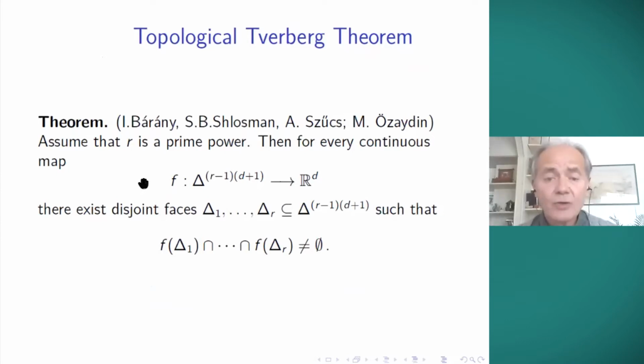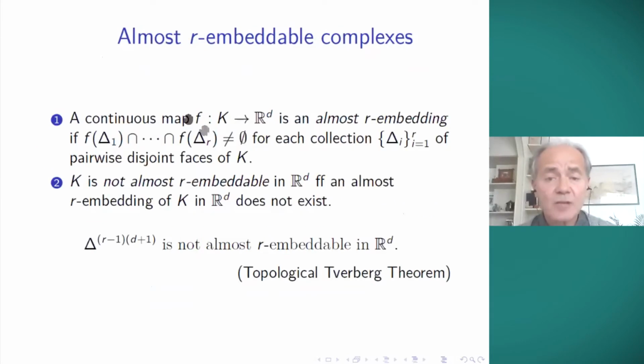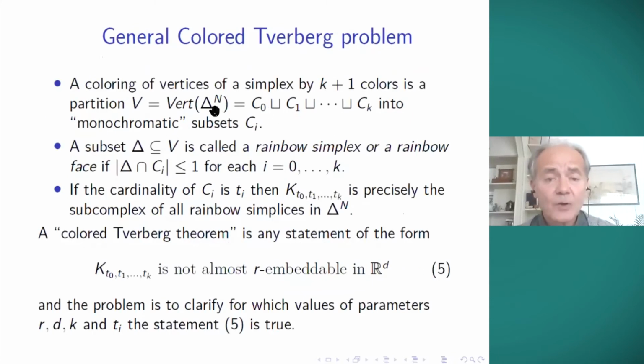But now if you color the vertices with different colors, for example, you have K plus 1 colors, you have a simplex of dimension n, and you color the vertices, then you have a restriction. You do not allow faces which have more than one vertex of the same color. These subsets of the vertex set, which have at most one vertex in each color, are called the rainbow simplices.